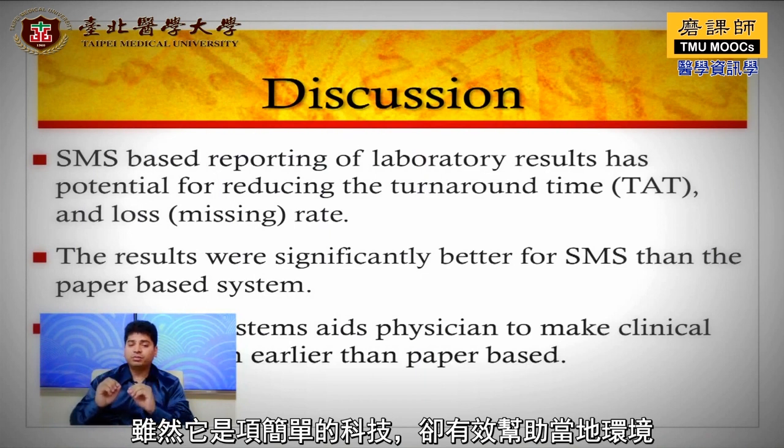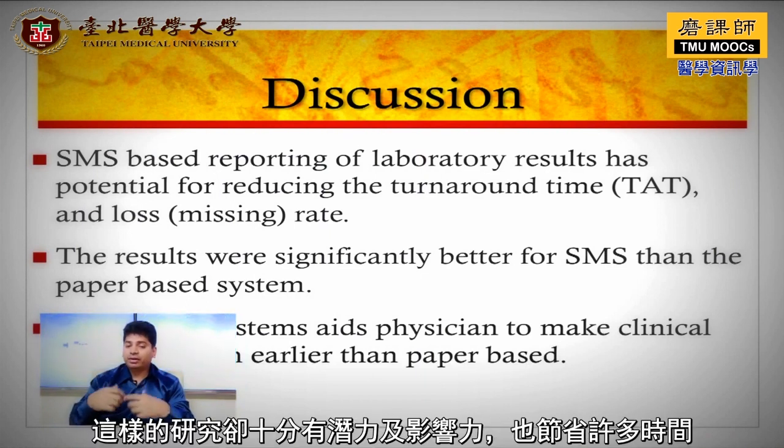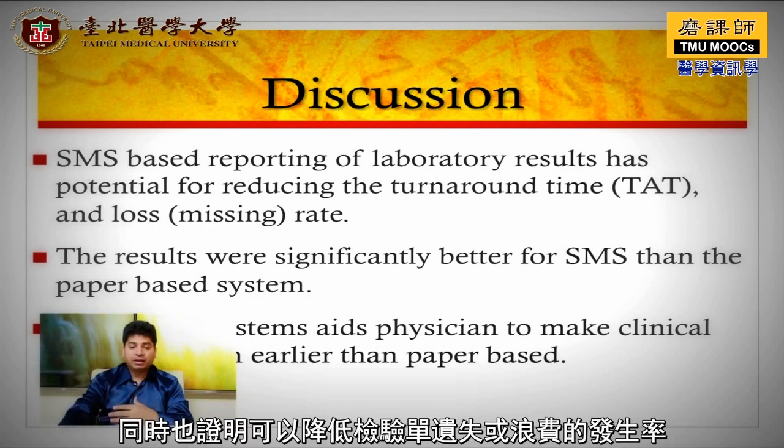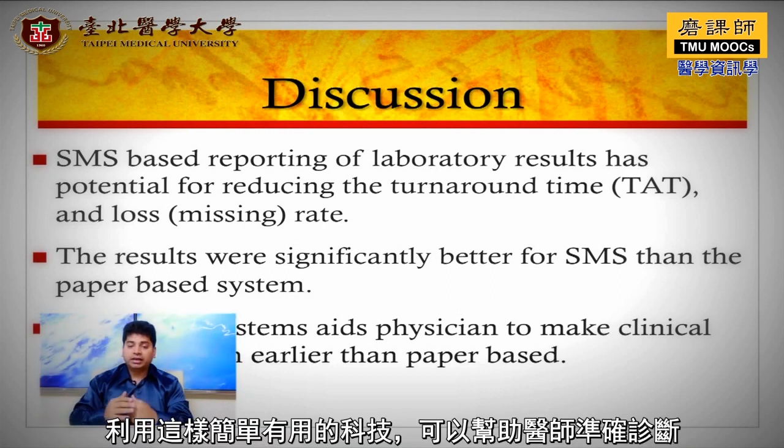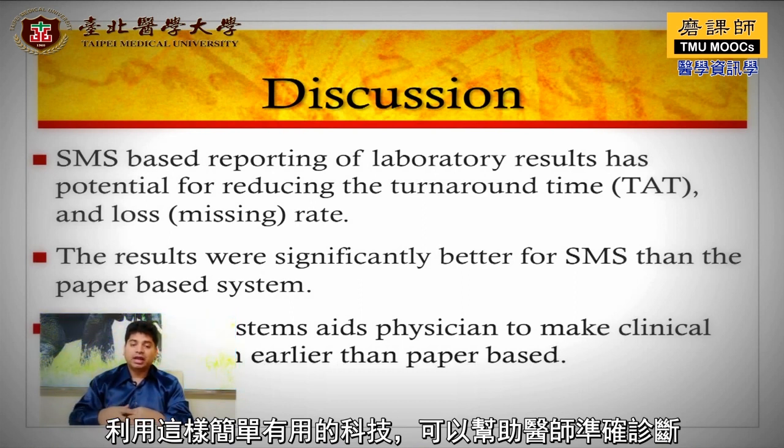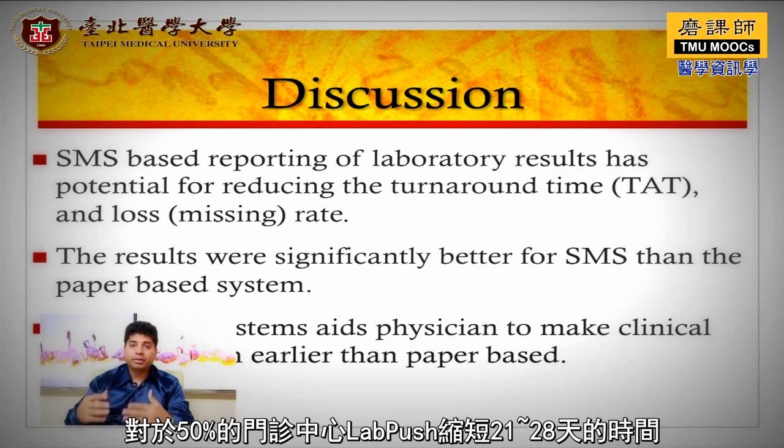However, it is a very simple system, but it proved to be an effective one. SMS-based reporting of lab results has potential for reducing turnaround time and the loss rate or missing error reports. The results were significantly better for SMS compared to paper reports. SMS-based systems help physicians make clinical decisions much earlier than paper-based ones.